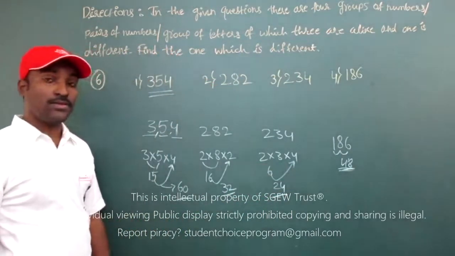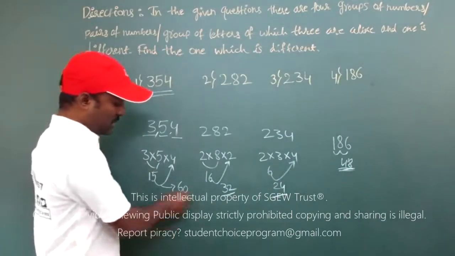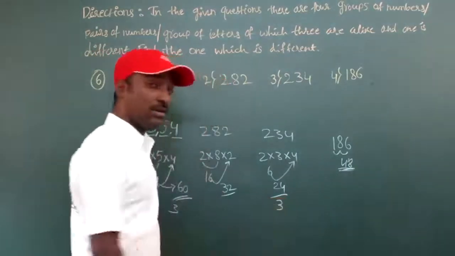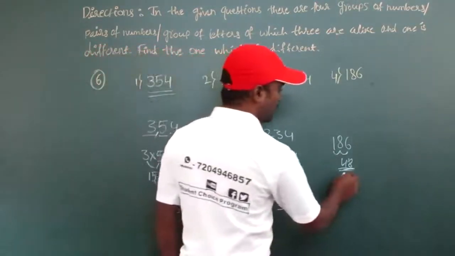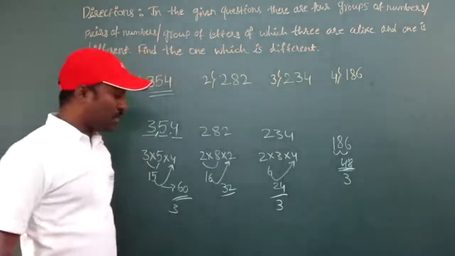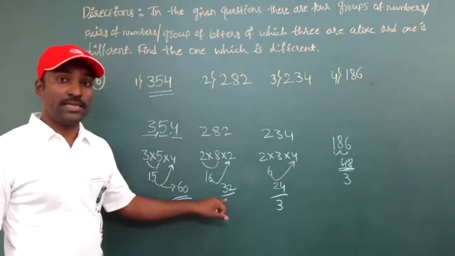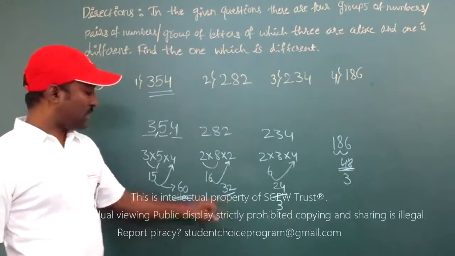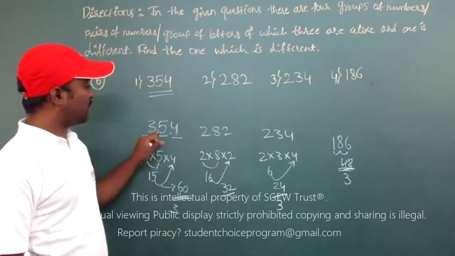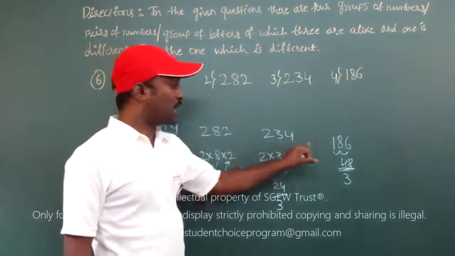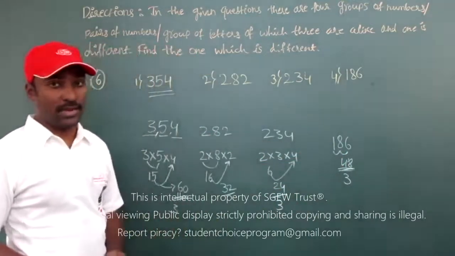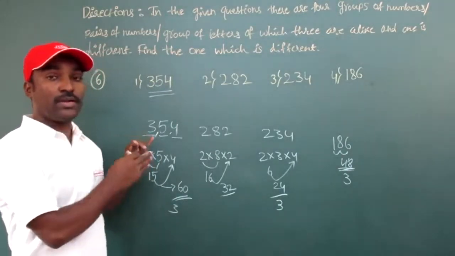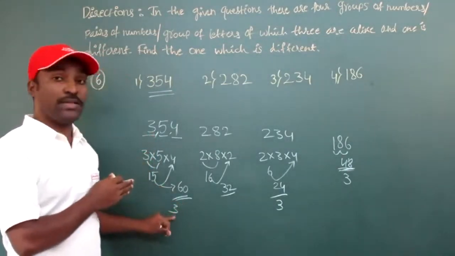Yes, you can say that 60 is divisible by 3, 24 is divisible by 3, and 48 is also divisible by 3. The only number which is not divisible by 3 is 32. So this is the different one. The three numbers 354, 234 and 186 are alike, because if you multiply the digits, you get a term which is divisible by 3.